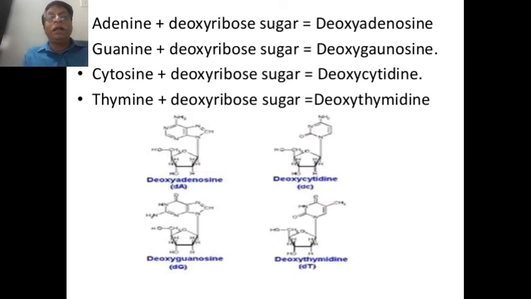Thymine and deoxyribose sugar form deoxythymidine. So since 4 types of bases are there, 4 types of nucleosides are formed in DNA.